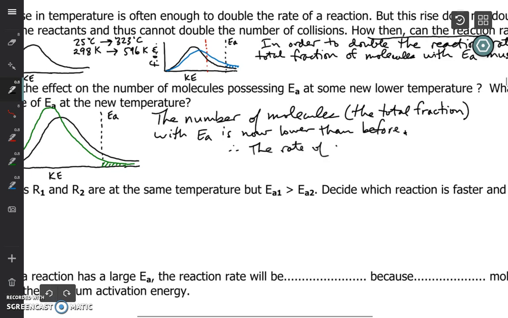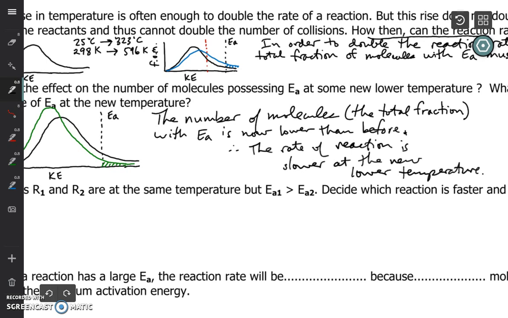Rate of reaction is slower at the new lower temperature.